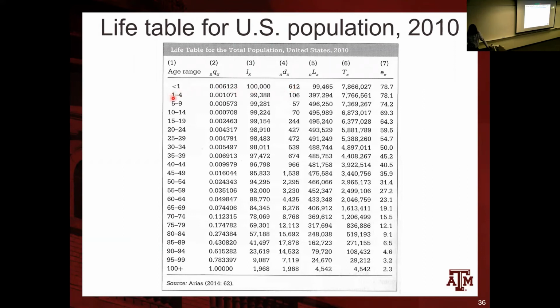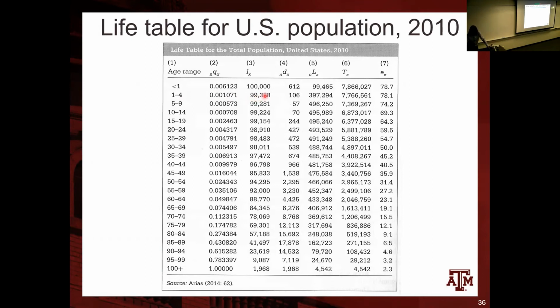So how many people reach age 1? 100,000 minus 612 is 99,388. And then we get 99,388 multiplied by this probability of dying. So we expect that we would have 106 deaths of people between the ages of 1 to 4. This amount of people reached age 1. Some of these people will reach age 2, some of them will reach age 3, some of them will reach age 4, some of them will go on to other age groups.